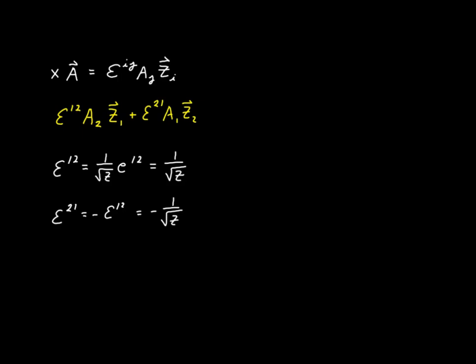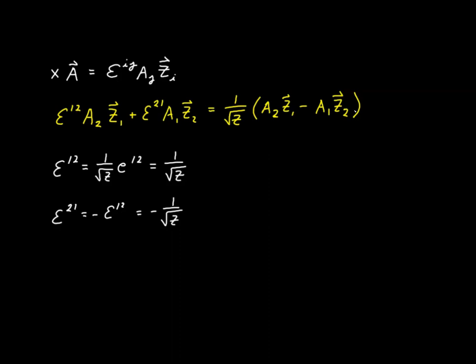So we can now complete our expression this way. This is equal to 1 over the square root of z times a2 z1, and this will be a negative term because of this, and it's going to be a1 times z2. And that is the complete expression for the cross product in 2 dimensions.